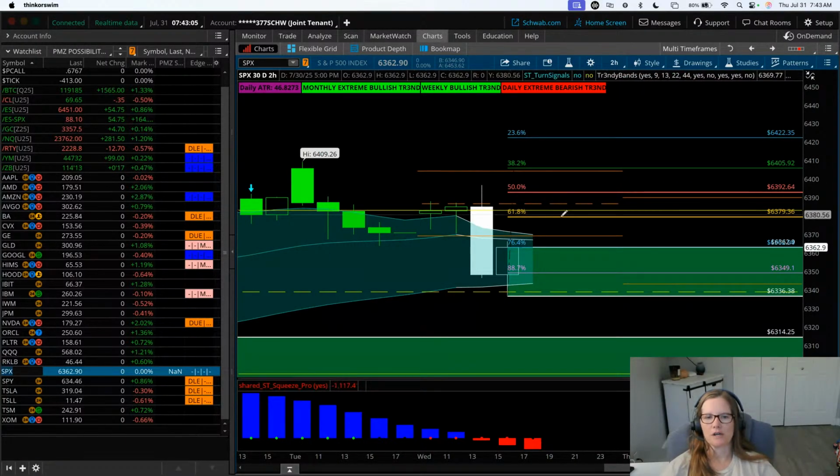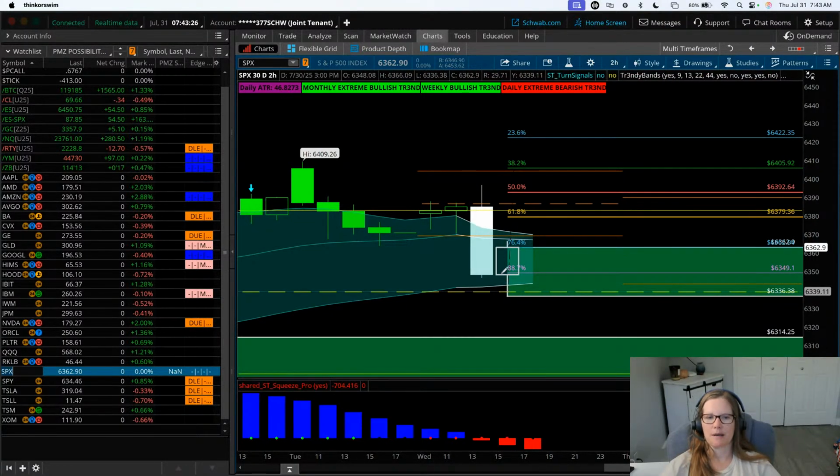But we shall see if we get a pullback to this area. I'll use the ES PMZ, draw it on here in relationship to the SPX value. And then my bias stays the same. Price above, I'm looking to go long, and price below, I'm looking to go short.